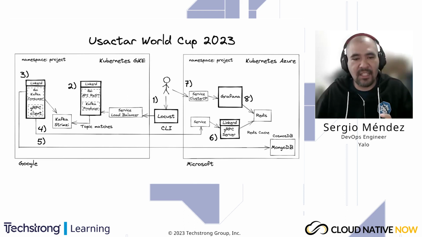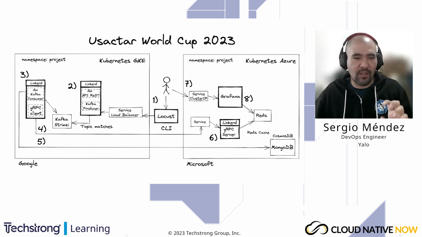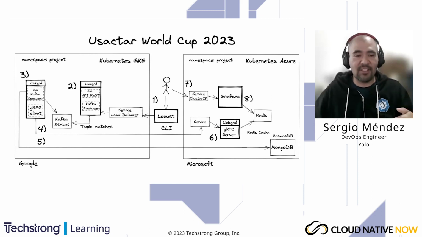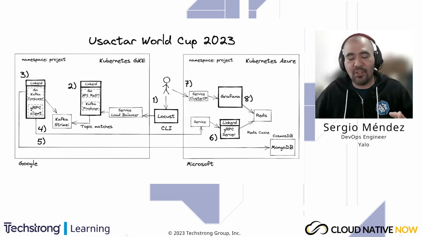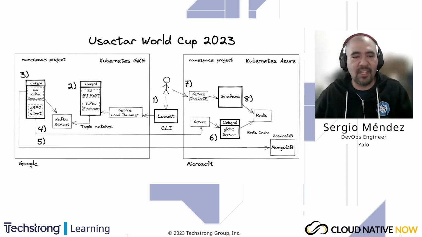Every time this topic receives information, there will be a consumer made with Go, a Kafka consumer, that is going to read the information and send it using the gRPC protocol, which is going to be our way to send information.